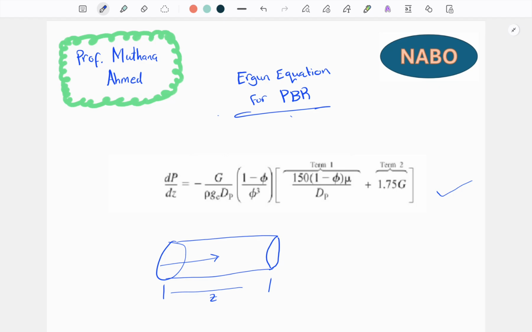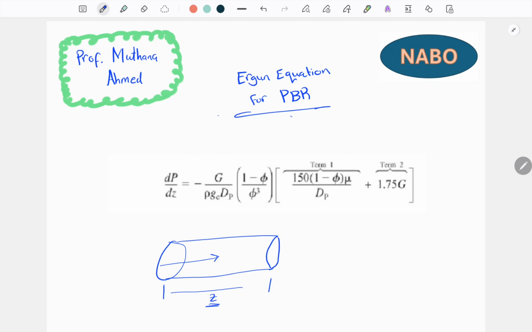We'll be working with a gas phase in this derivation, and the reason behind that is because in a liquid phase, the liquid doesn't change pressure throughout the reactor, causing no change in density, and therefore this equation is not necessary.